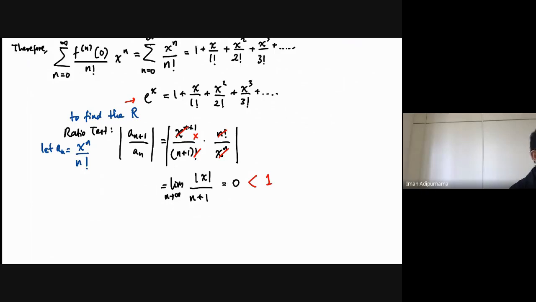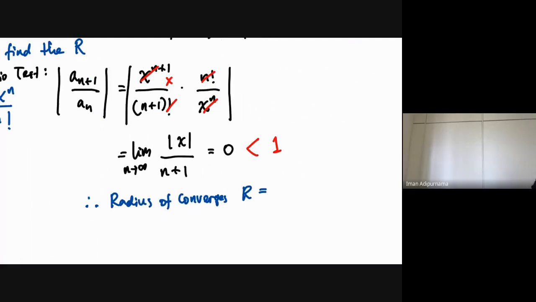So what is happening now? The radius of convergence R is equal to... what is happening if the result is 0? The R?